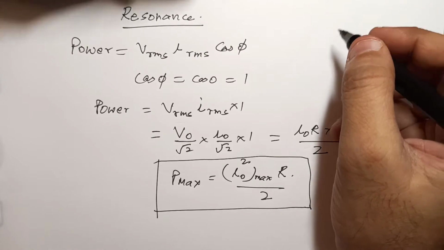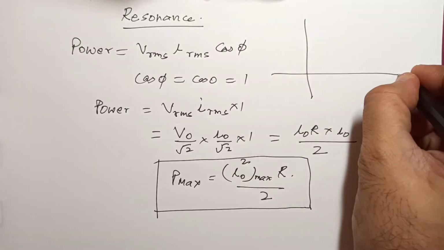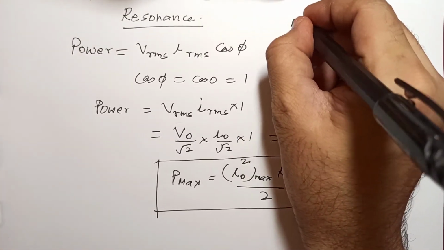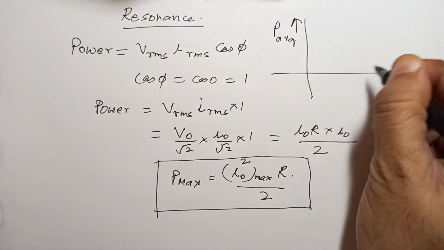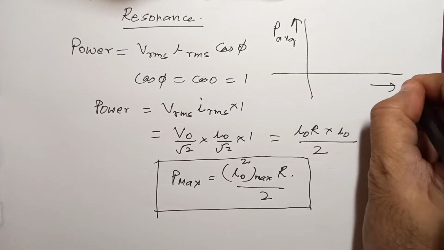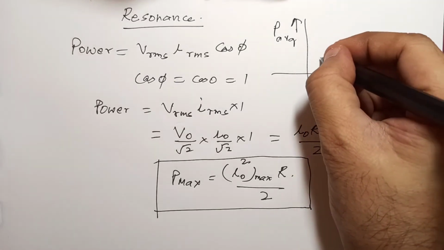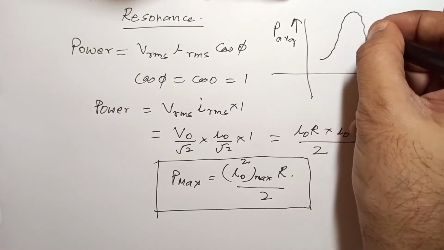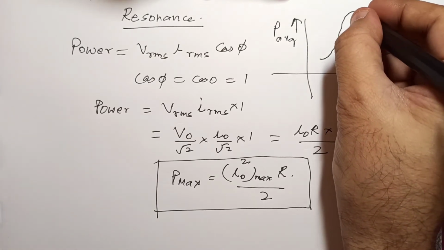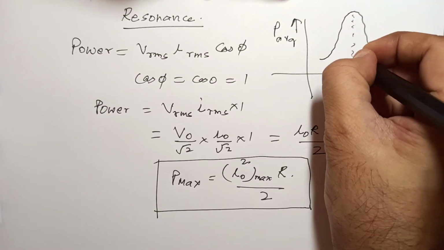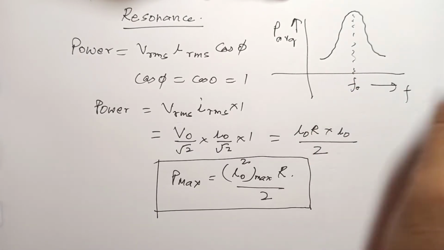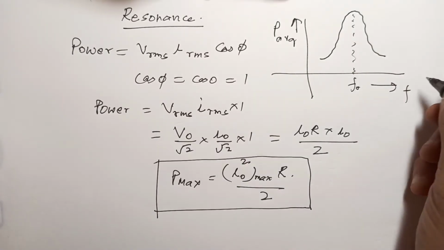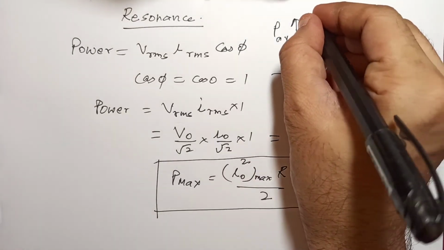Now if we draw a curve or a graph, it will be something like this. This is power average, and this is frequency. The curve will be similar to the one we did earlier for current, with F naught, and this is the maximum power.